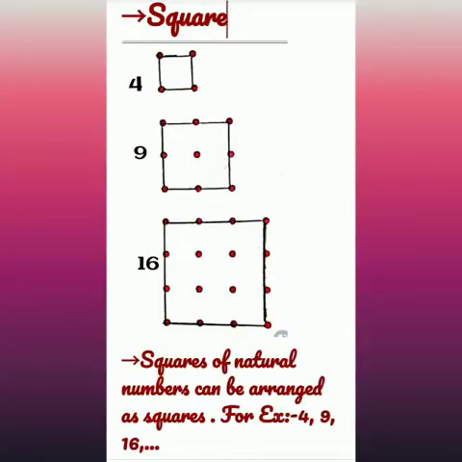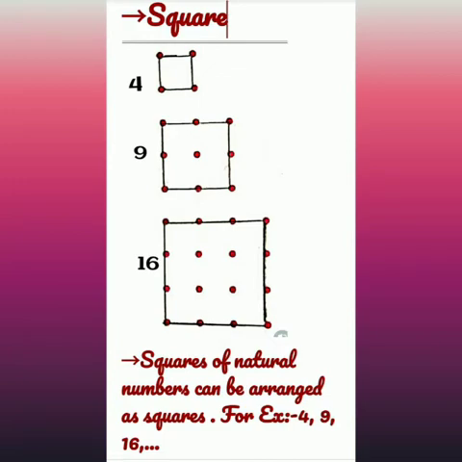Coming to squares, some numbers like 4, 9, 16, etc. can be arranged as a square. 4 can be arranged as shown, that is 2 rows and 2 columns, that is 2 by 2. 9 can be arranged as 3 rows and 3 columns, that is 3 by 3, and we will get a square, and so on.